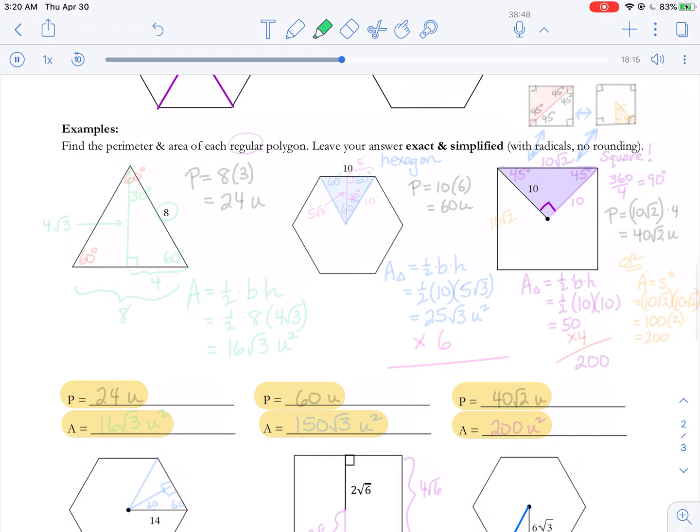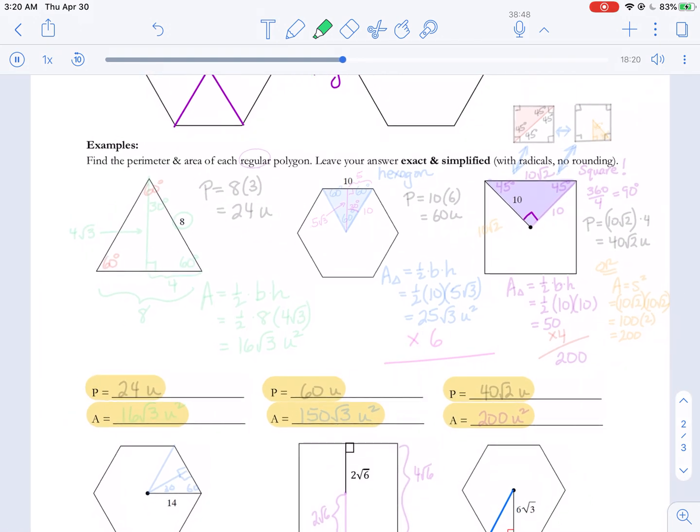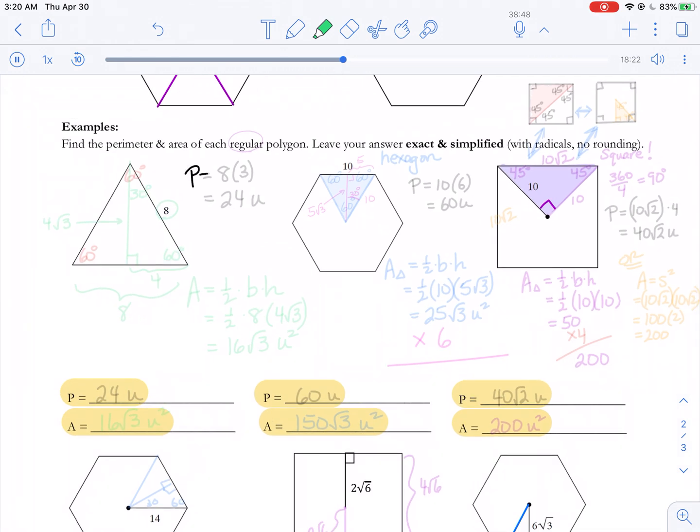So these are asking for perimeter and area. Which one's easy? Perimeter. Perimeter will just be 8 times 3. So the perimeter is going to be 24. That's the easy part.